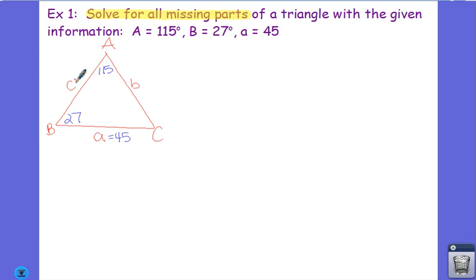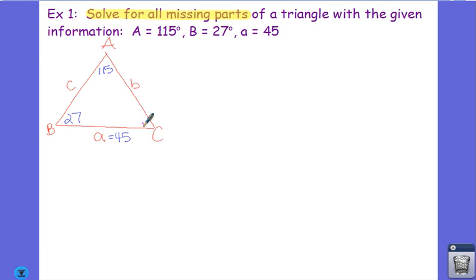So I'm going to start with the easiest piece of this entire picture to solve for. If I know two angles of a triangle, I can always find the third one, because you should know by now that the angles of a triangle always add up to 180.